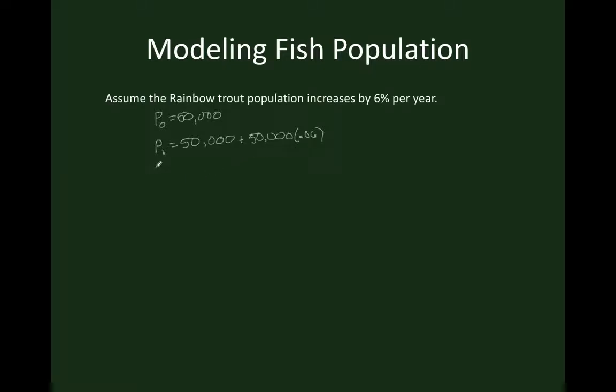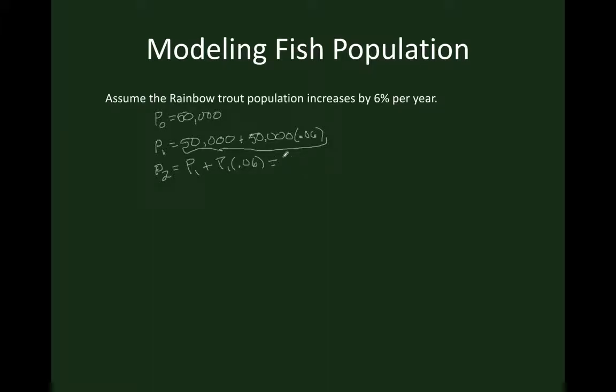Now, in the second year, we're going to have the amount of fish from the first year. Oops, I wrote P1. Okay, that's fine, I guess. And then I'll have this quantity right here, so I'll substitute that back in another step. But in any case, we'll have the P1, and then we'll have another 6% of that first year population.